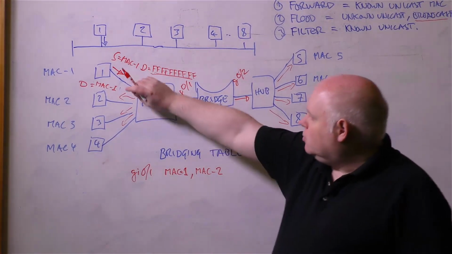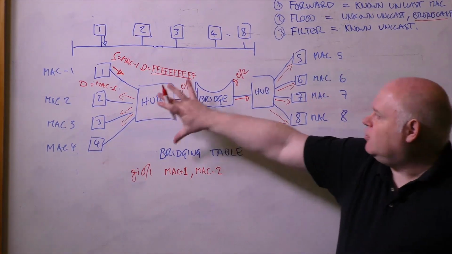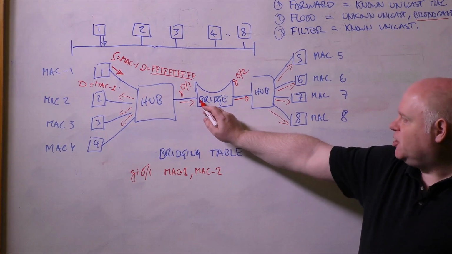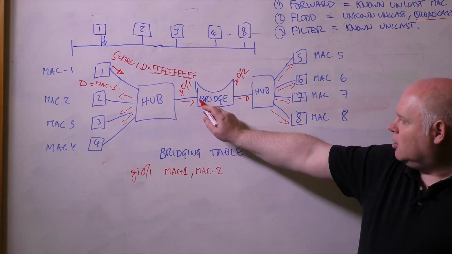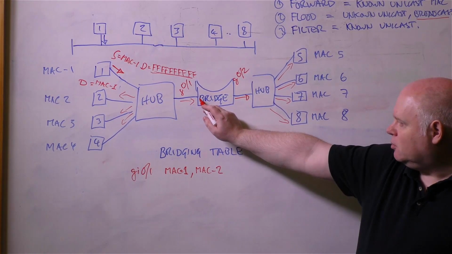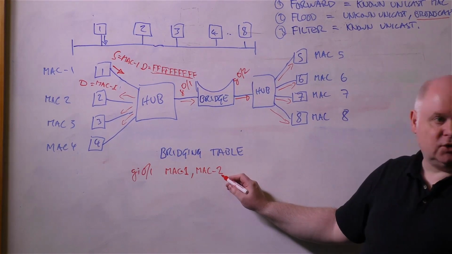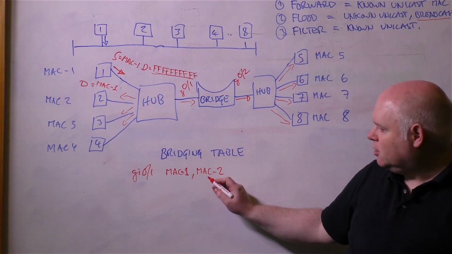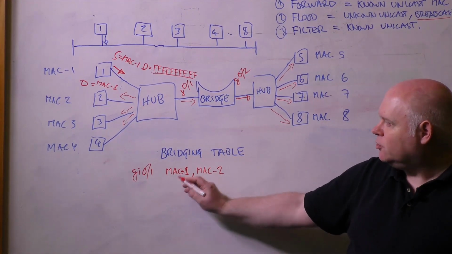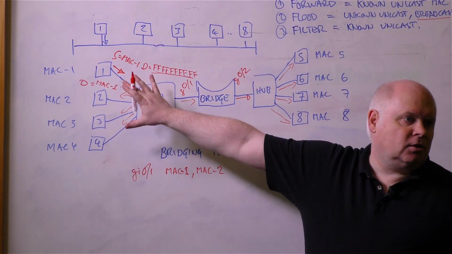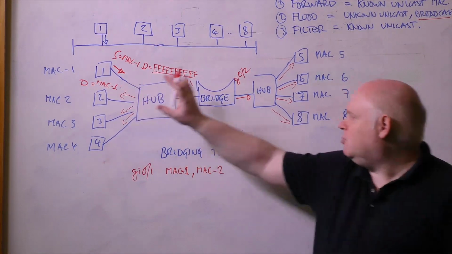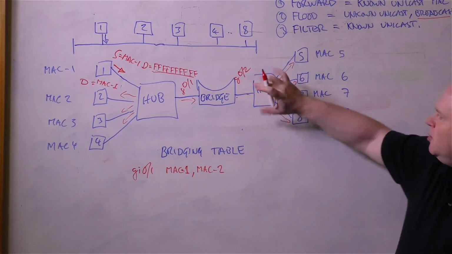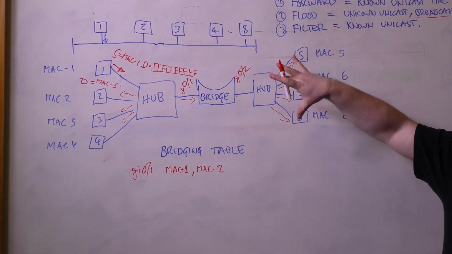So now, when everyone gets this frame, because it's a shared segment with a hub, when the bridge sees that reply, it learns, first of all, where MAC 2 is, and also the destination is MAC 1, and it already knows that MAC 1 is on this side. So the reply can be filtered, and the reply doesn't need to be sent to everyone over here.